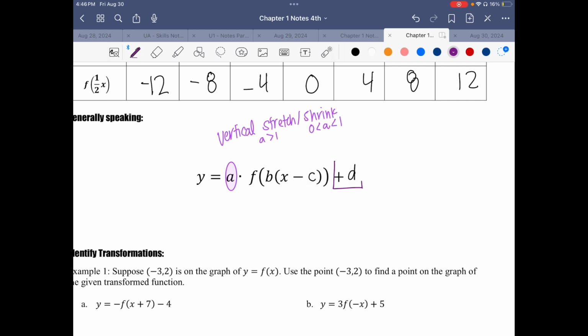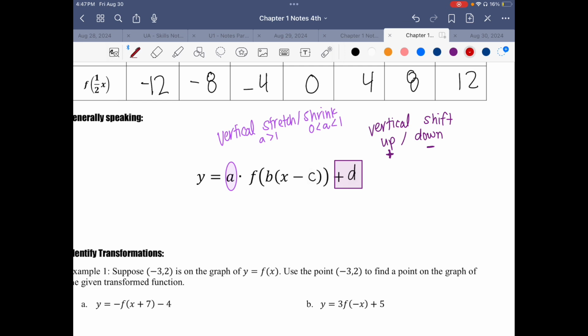And we'll also do D right now. This is going to be a vertical shift. So it will either be up or down, depending on if it is a positive or a negative.